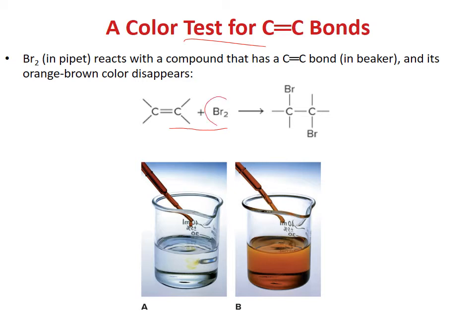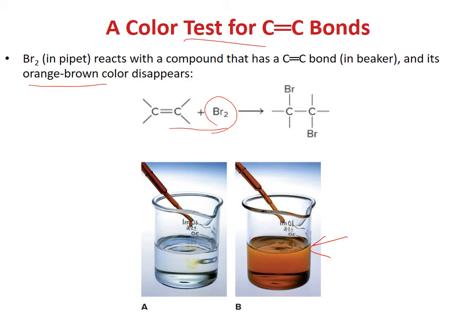The bromine liquid has a color orange-brown. When the bromine liquid is added to a solution with no double bond, the solution stays orange-brown in color.